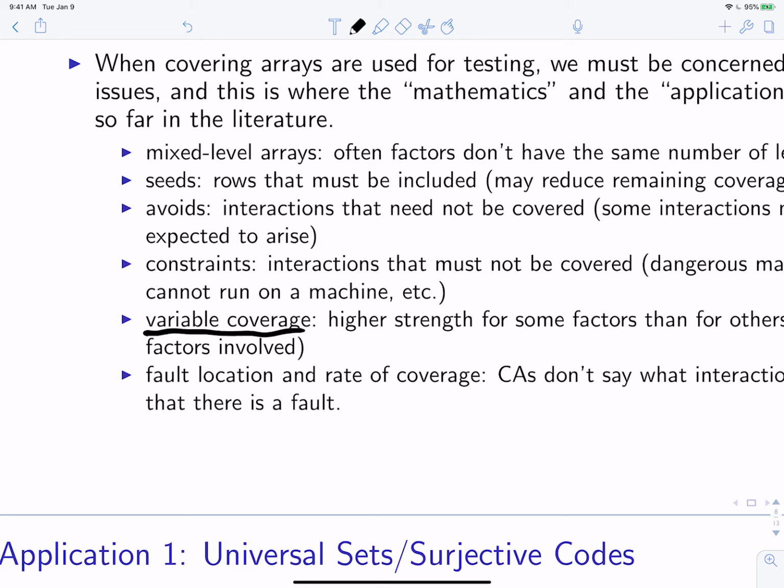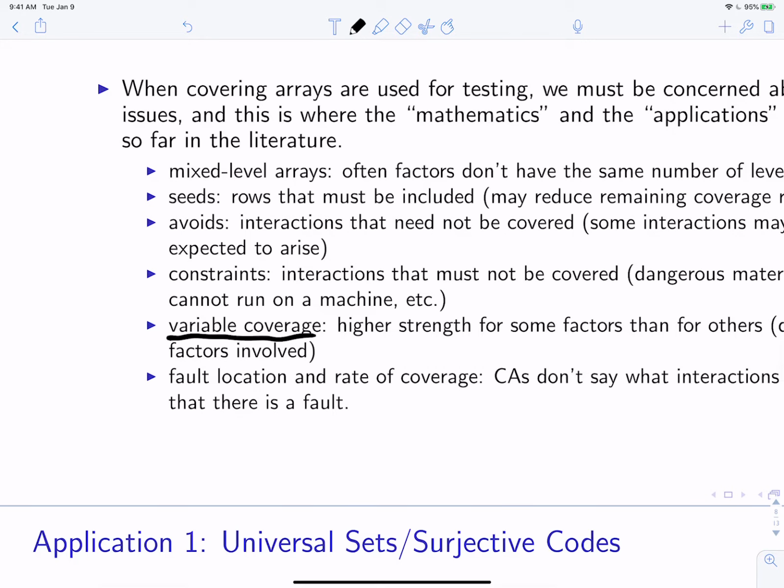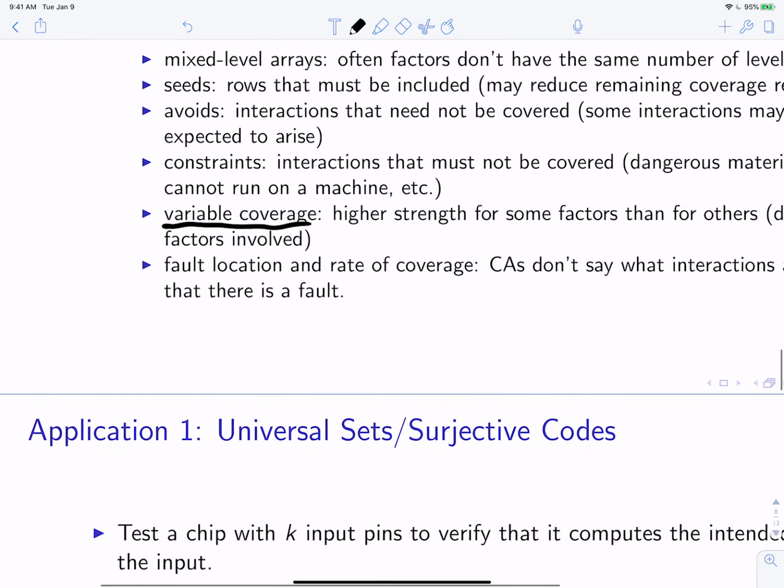So it's variable depending on which components you want to actually test. Maybe some components you need to have a higher strength of testing for those ones, and some you don't need as high of strength.